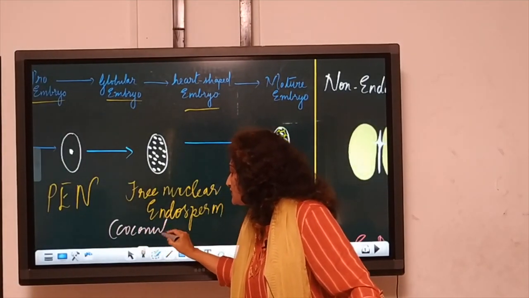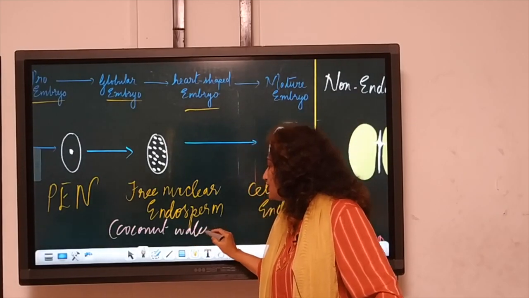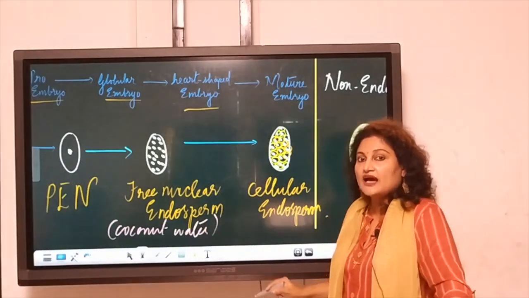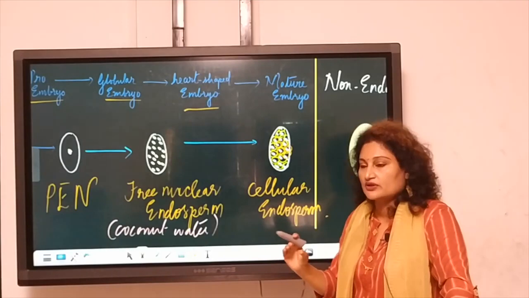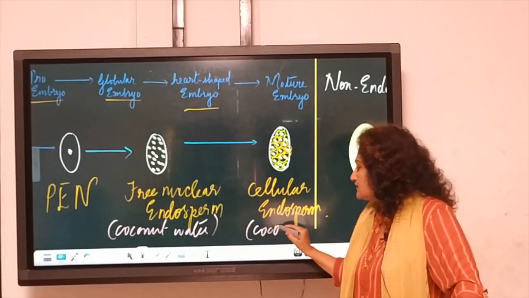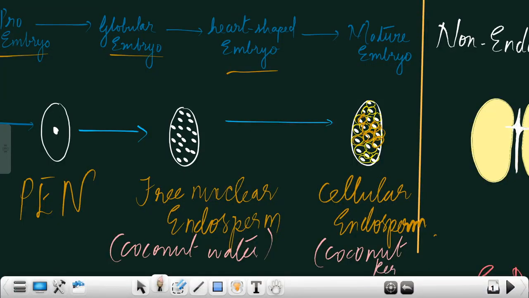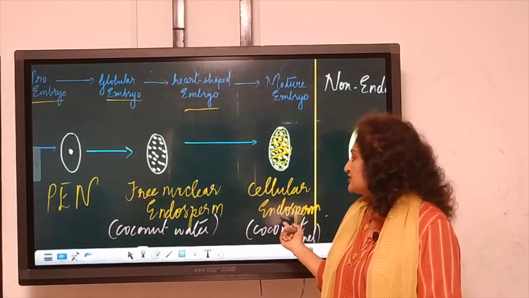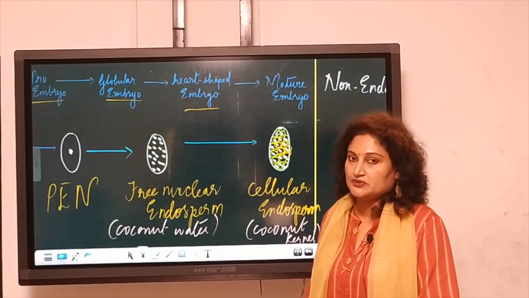When we open the coconut, the coconut water represents the free nuclear endosperm, and the coconut kernel, the white of the coconut, is the cellular endosperm. The coconut kernel, which you grate and use in curries, or the edible part we eat, represents the cellular endosperm.